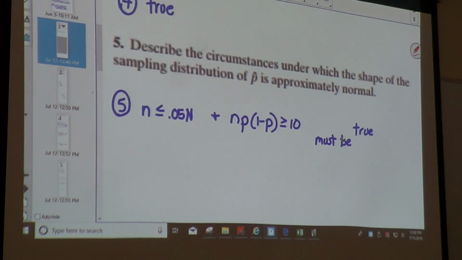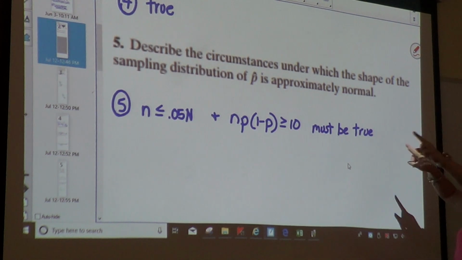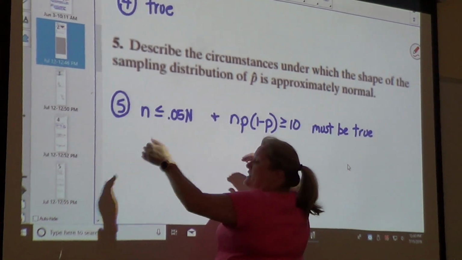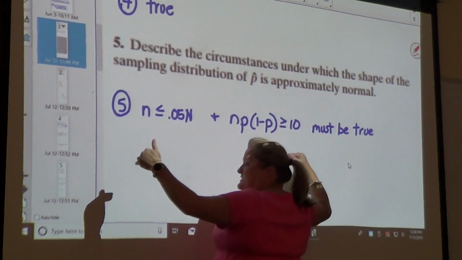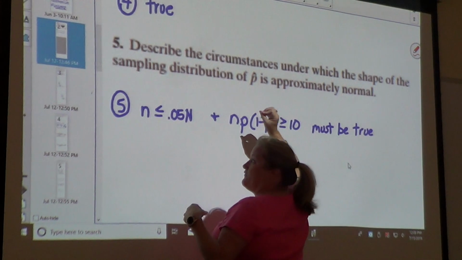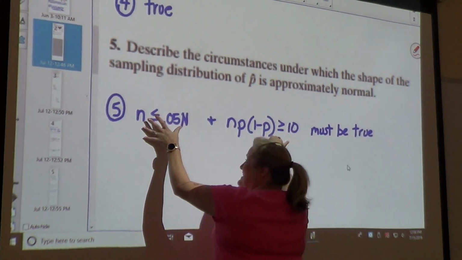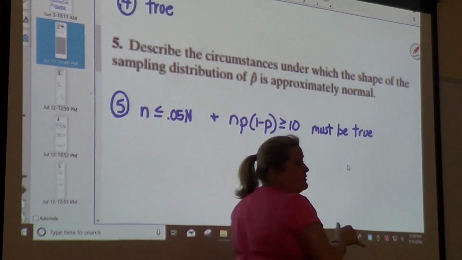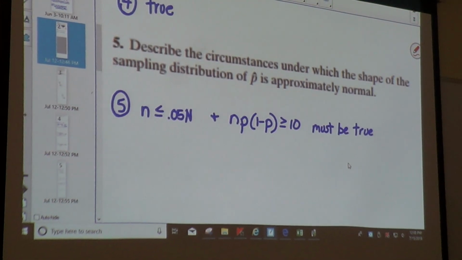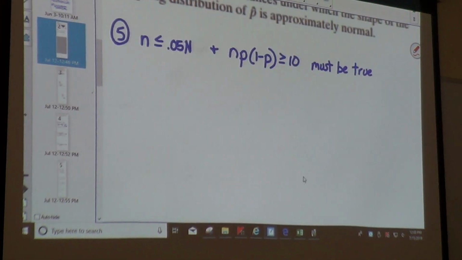In order for your shape to be normal, both of these must be true. In 8.1, you had to ask at least 30 people. In 8.2, this and this have to be true. We just have to memorize this, and we'll talk about it in just a second.